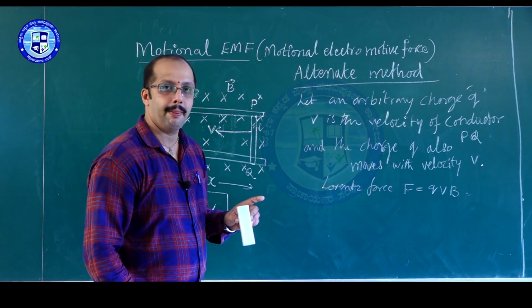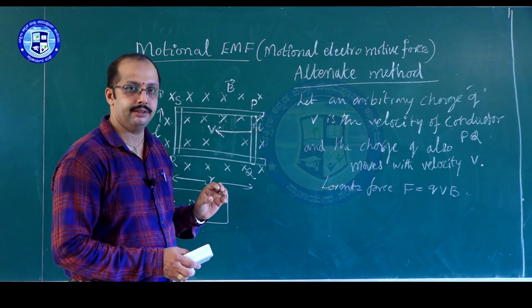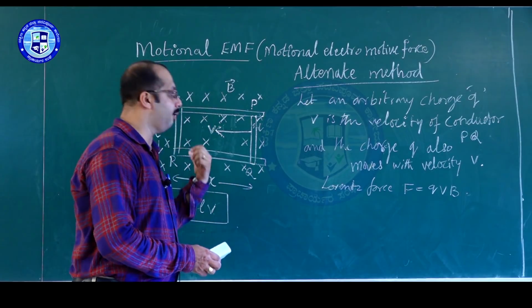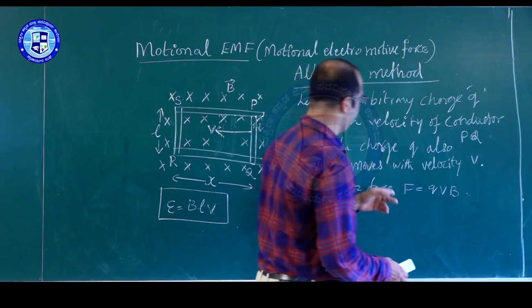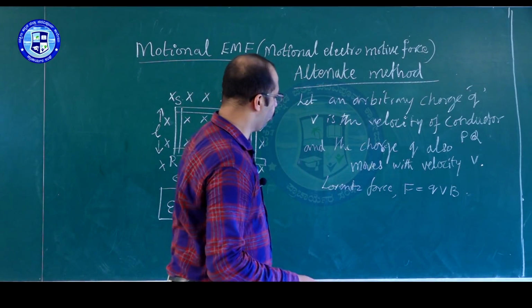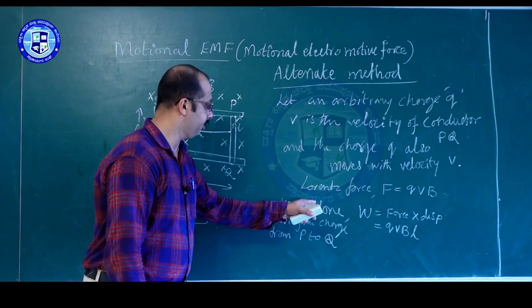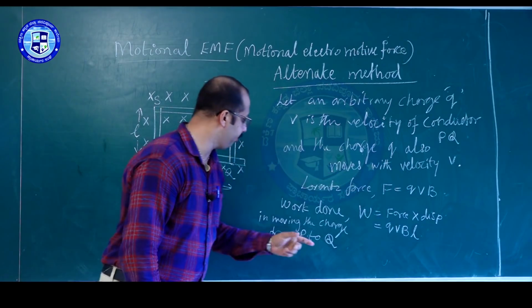Now the rod is placed in a uniform magnetic field. The rod is moving in the magnetic field, so the force is considered. Now consider the work done. The Lorentz force is F is equal to QVB.